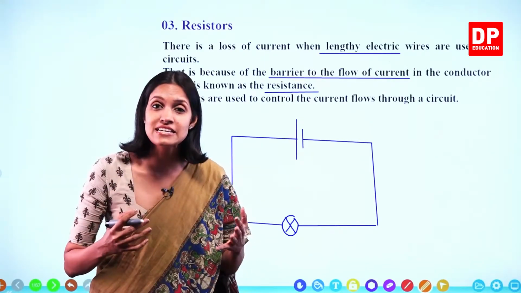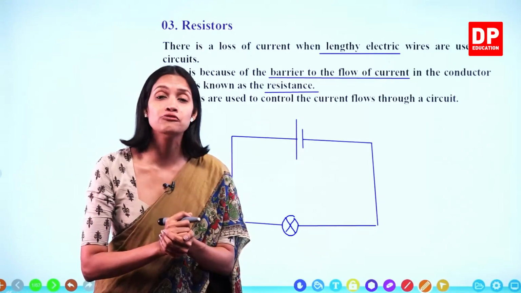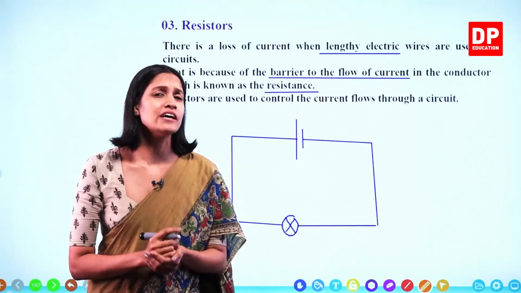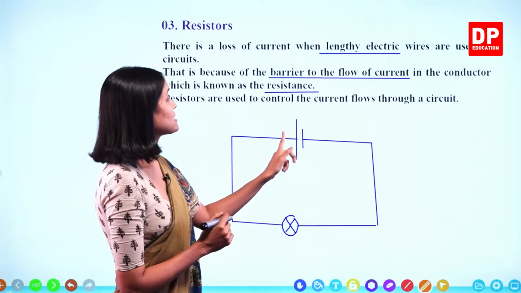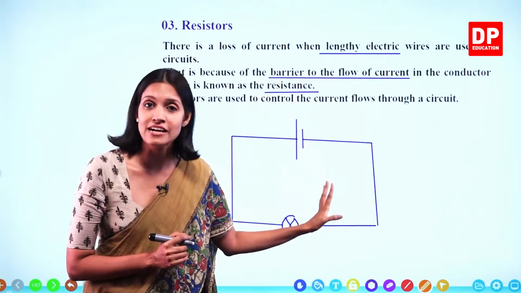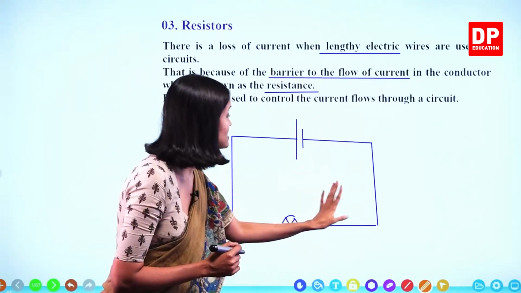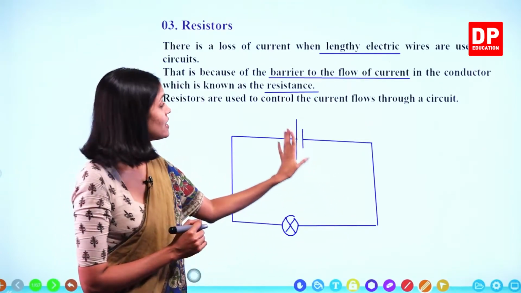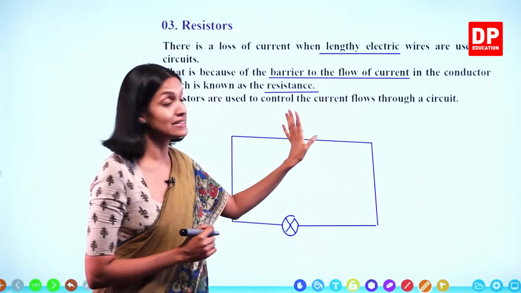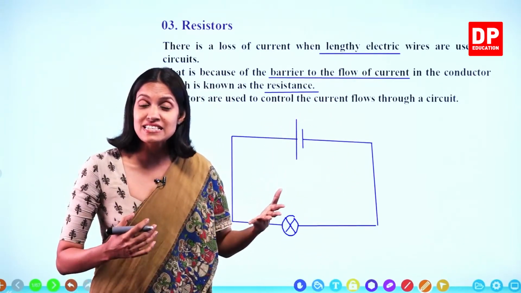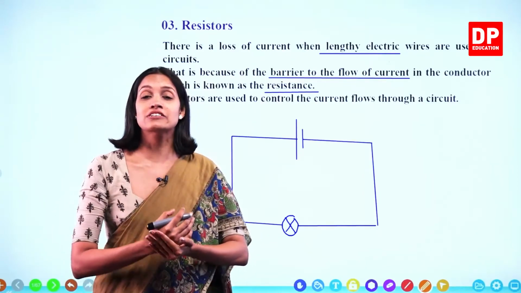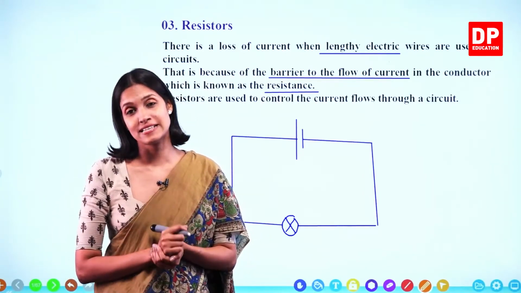This resistance depends on different factors. One of those factors is the length of the conductors, here the length of the wires. So when the length of the wire increases, the resistance or the barrier towards the electric current also increases.